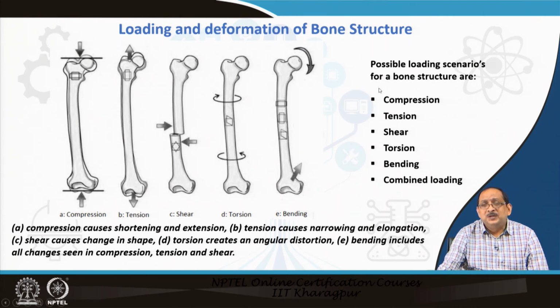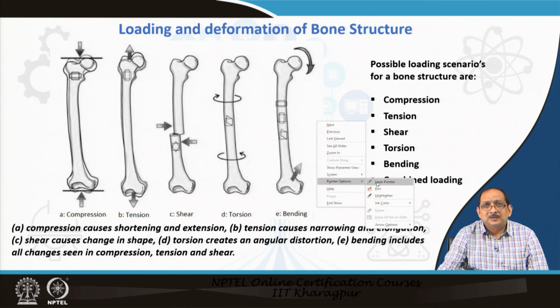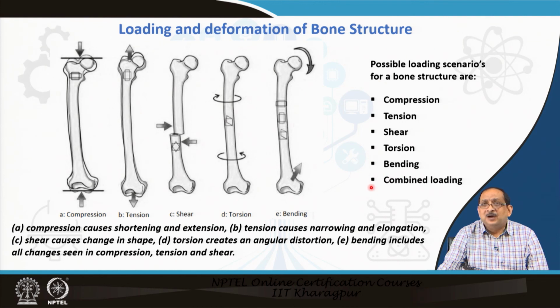So, the probable loading scenarios are compression as indicated here, tension, compression, tension, shear, torsion, bending, and finally, a combination of all of them acting on a bone structure is a common occurrence.